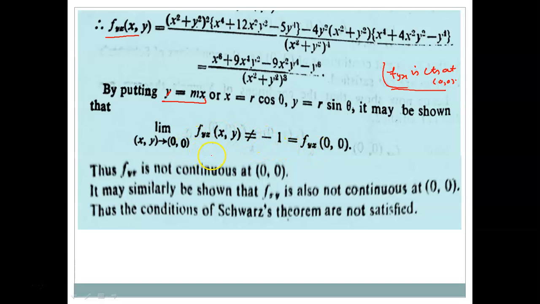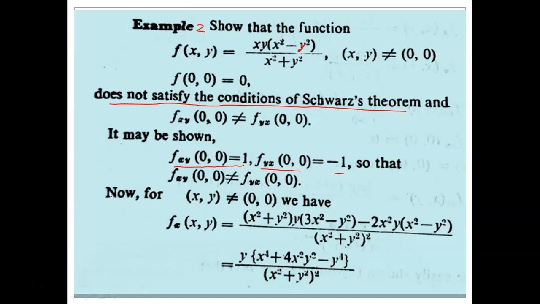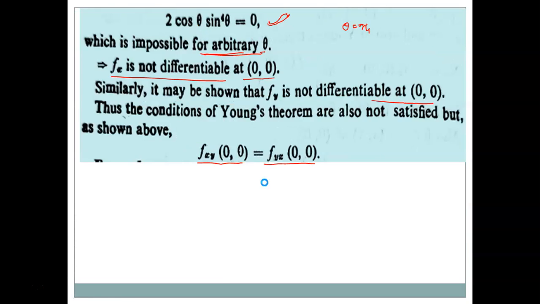So these two things will not be equal, and hence we say that fyx is not continuous at (0,0). Therefore, the condition of the Schwarz theorem is not satisfied, and the two second order partial derivatives fxy and fyx are also not equal. So these two examples are justifying this remark here.